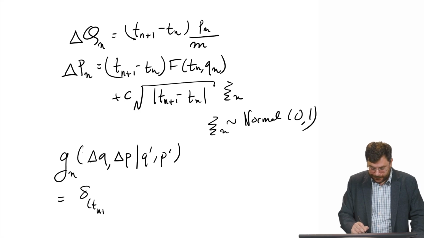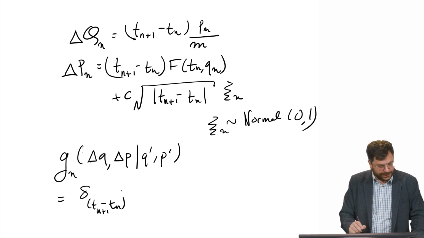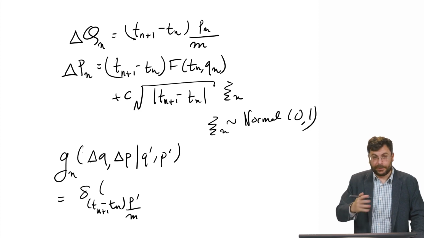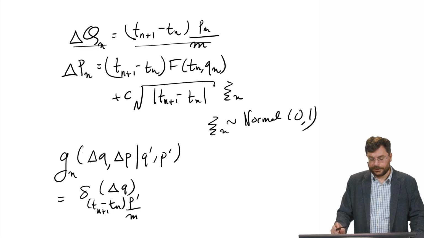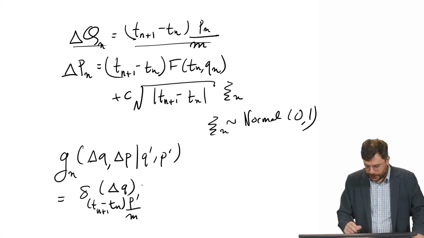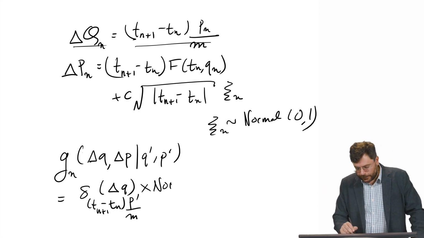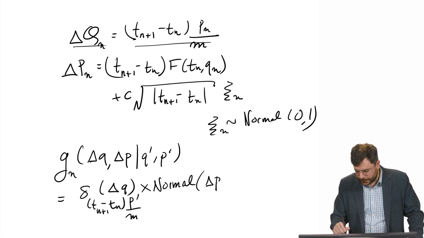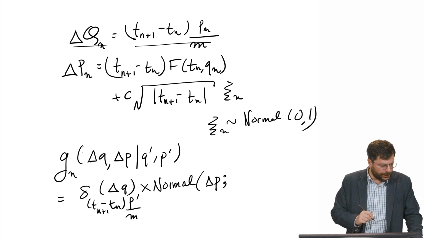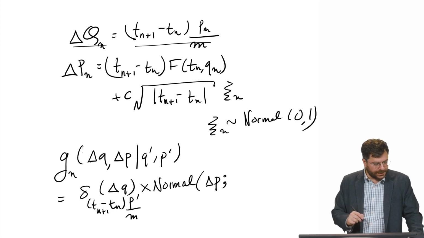T_{n+1} minus T_n times p prime over m. Now I have to put the argument explicit, so it's going to be delta q, right? Because delta q is centered around this value, and in fact with no noise, multiplied by the normal, and this will be for the momentum. So now the increment is delta p, that's my random variable, and then there's a mean and there's a variance.